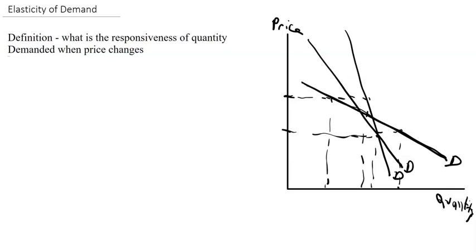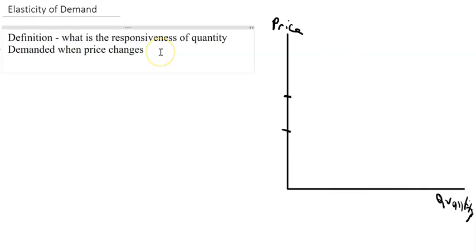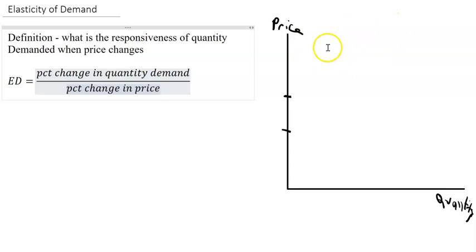Now we are going to use a formula to understand elasticity. The formula for elasticity of demand, we'll call it ED, equals, let's write it using the equation editor. So that is the formula of elasticity of demand: the percentage change of quantity demanded divided by the percentage change in price.